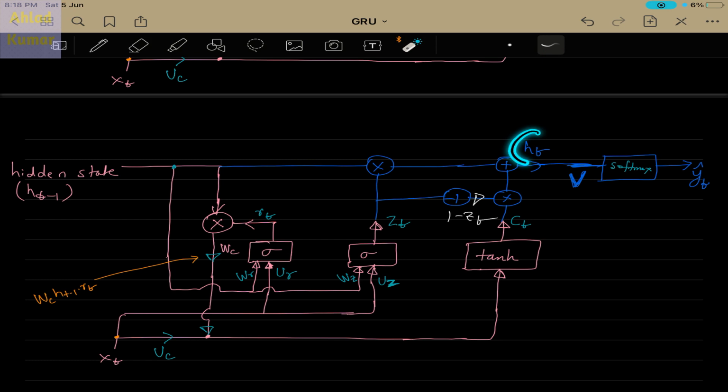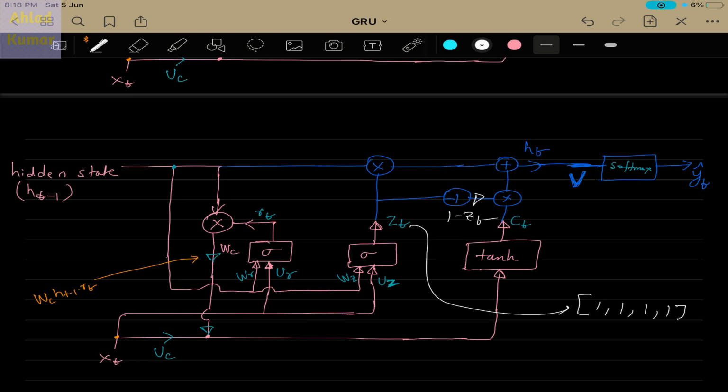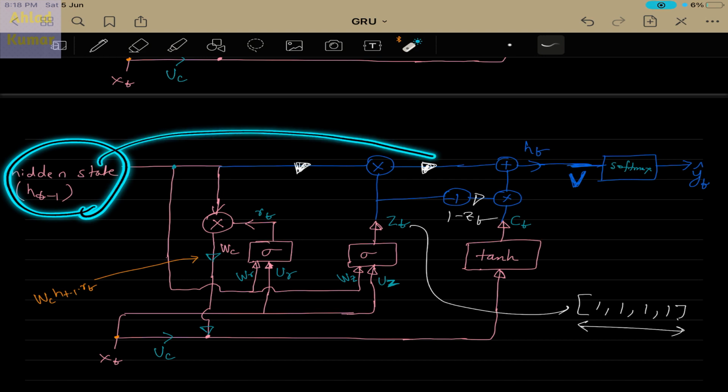And you know that this HT, which is the modified information, is controlled by ZT as well as the candidate state CT. So if ZT is, let us say, all vectors of ones, then this vector of ones will be multiplied with HT-1, and it will pass all the information which is present in the hidden state HT-1 to this side.